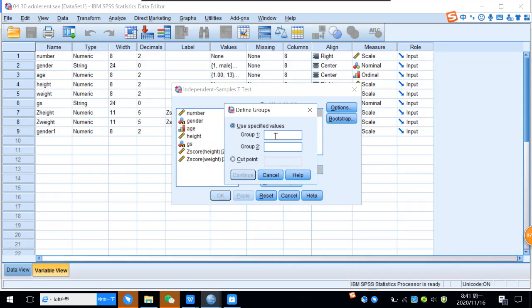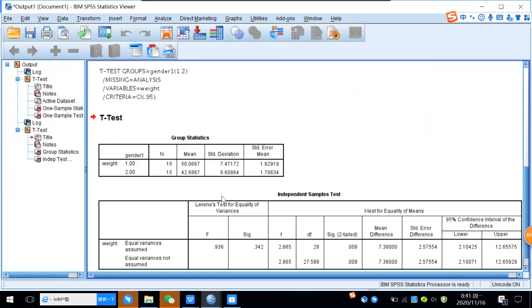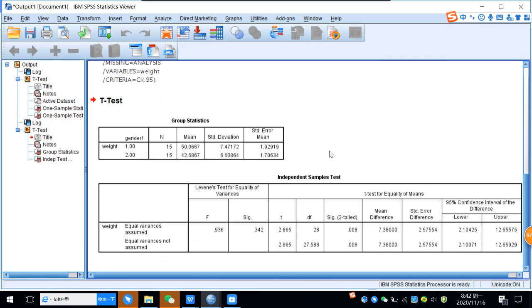Group 1 is 1. Group 2 is 2. Continue, and OK. Here is the result of the independent samples t-test.